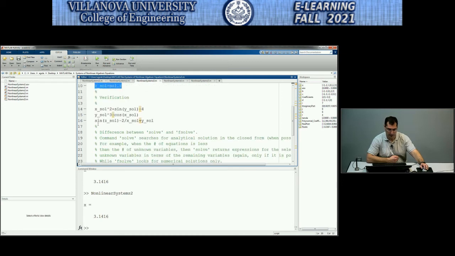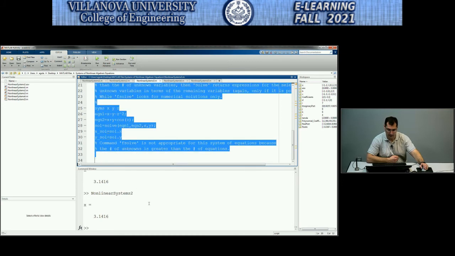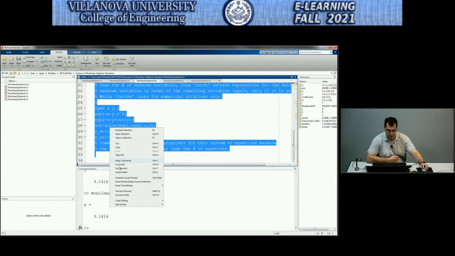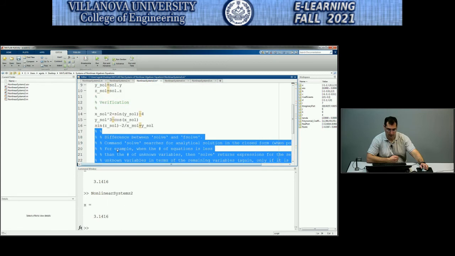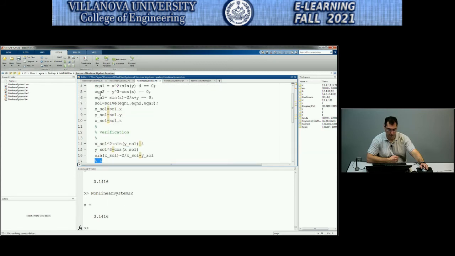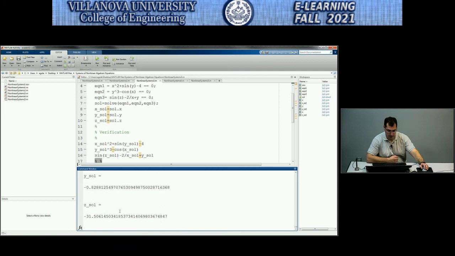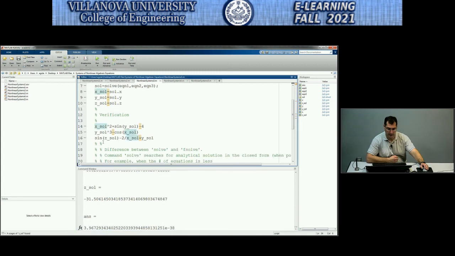So let me comment out everything else for now, and just run this piece of code. Okay, so MATLAB gives you the solution for x, y, and z, and then I verify whether this solution indeed satisfies the equation.